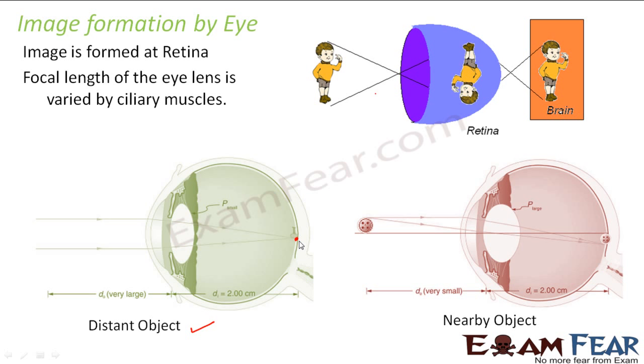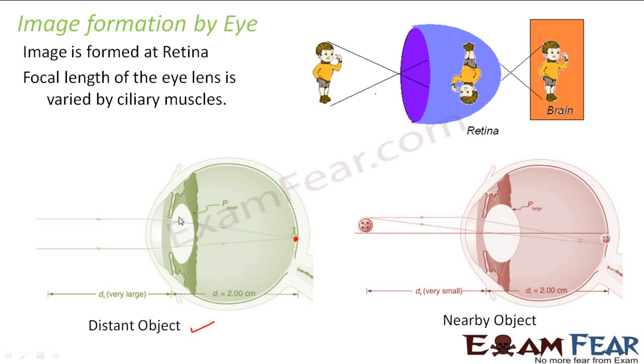Now in case of the eye, I want the image to be formed on the retina. That means the distance of the retina from the eye lens should be equal to the focal length of the eye lens, right? So you have to change the focal length in such a way that the principal focus of this lens is on the retina, so that the image is formed here, right?